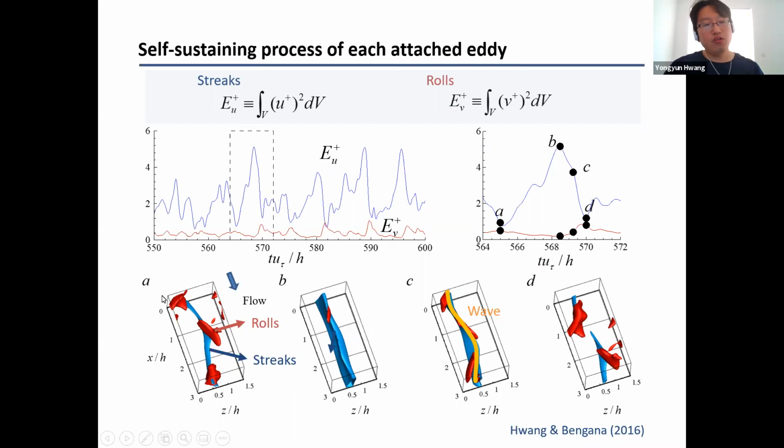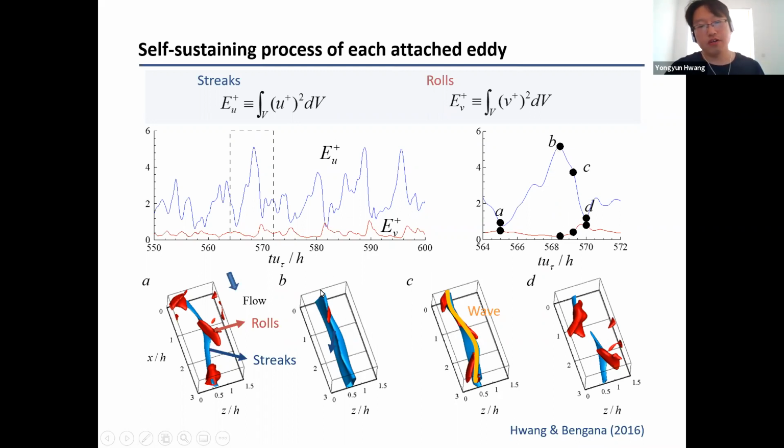And then there is the wall-normal velocity fluctuation, denoted by the red isosurface. We call it rolls. And these are formed like this at time equal to, say, this point A. So what is typically happening is that those rolls are converted to long and energetic streaky structures, with a large energy amplification of the streak energy. And then the streaks begin to break down with the instability generated by the spanwise shear.